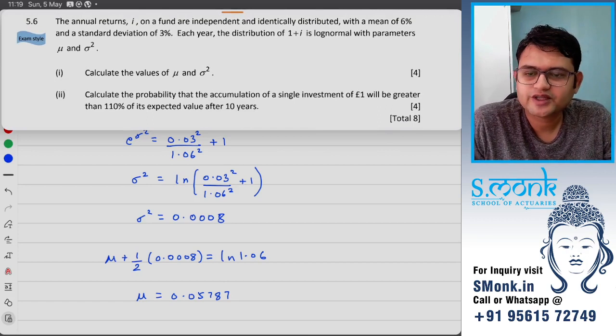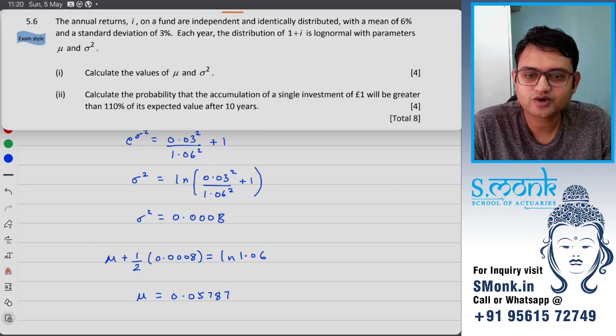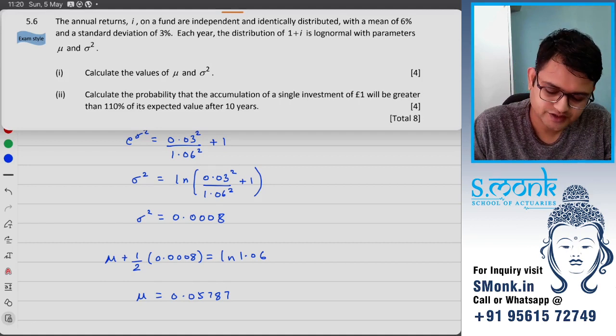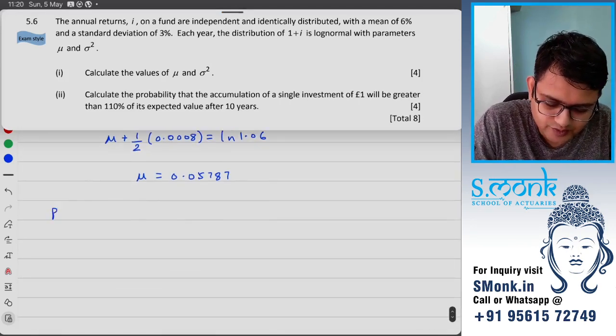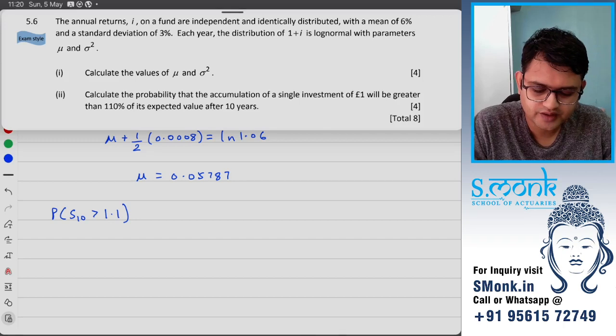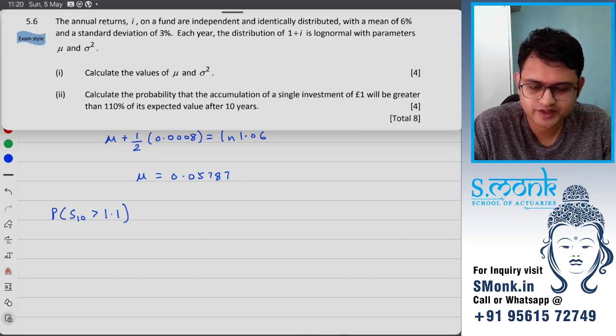Calculate the probability that the accumulation of a single investment of 1 will be greater than 110% of its expected value after 10 years. So what we want is the probability of S10 being greater than 1.1, 110% of the investment, right?